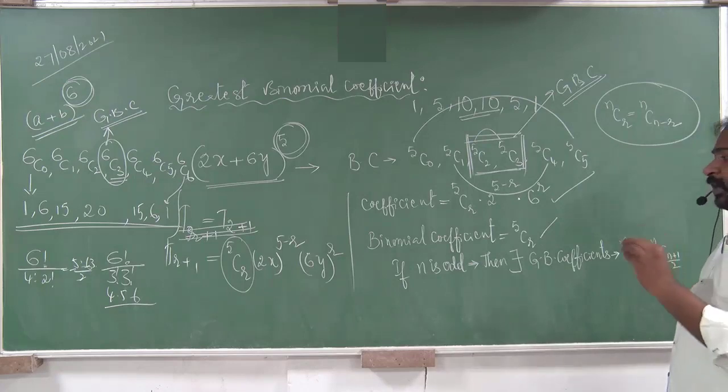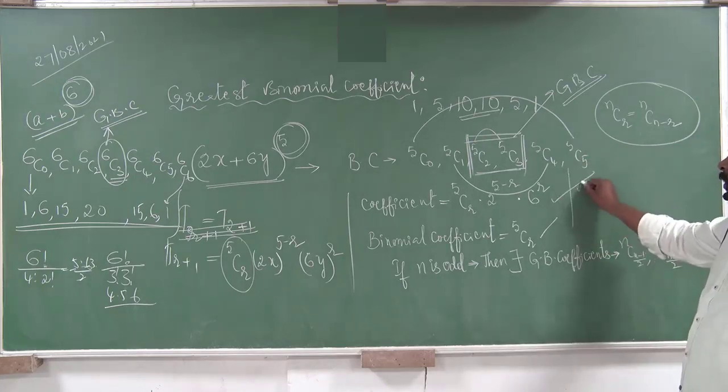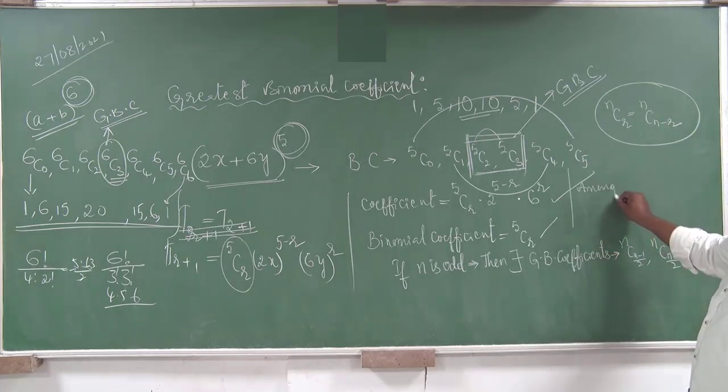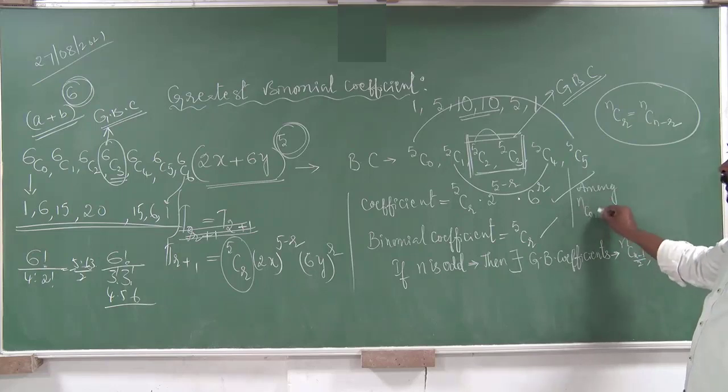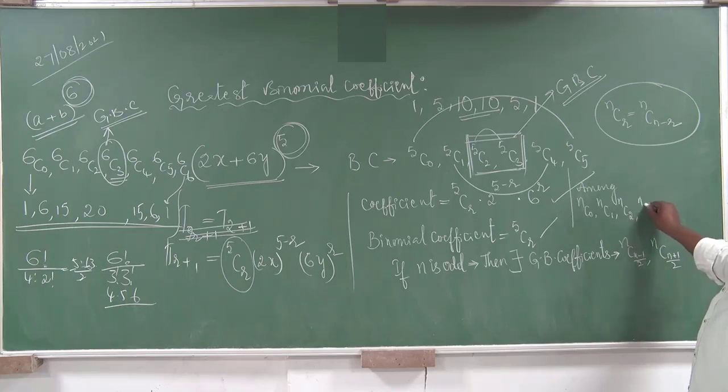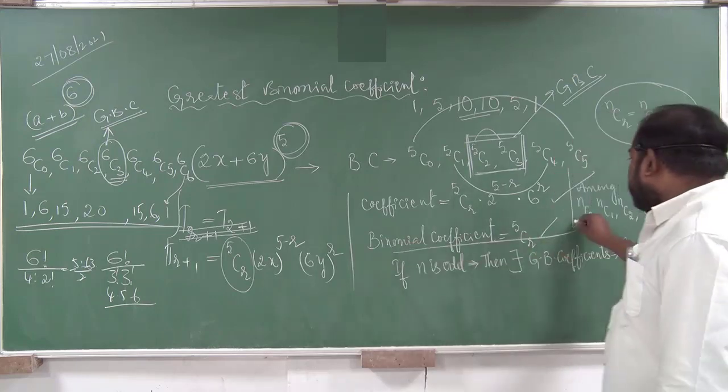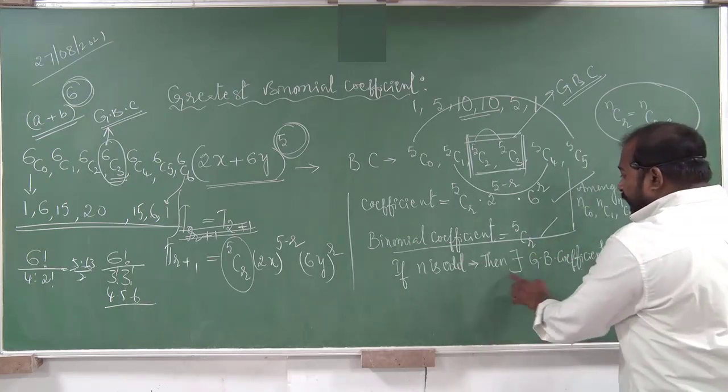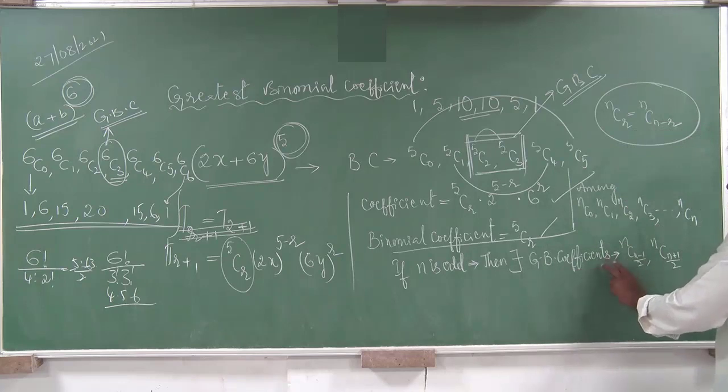So greatest binomial coefficient means, among nC0, nC1, nC2, nC3, and so on up to nCn. First case, if n is odd, then there exist greatest binomial coefficients, two exist.